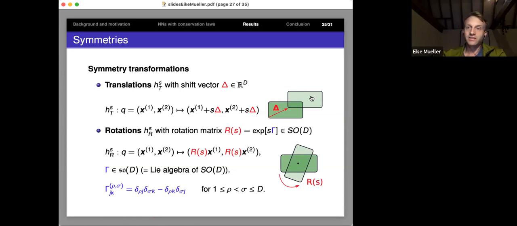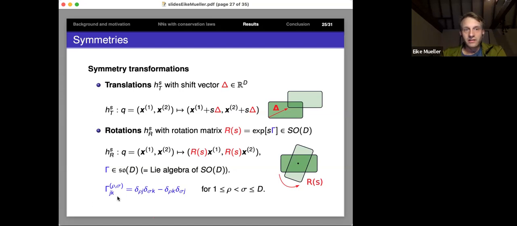I can also rotate the system, and that doesn't change the physics either. So I have invariance under the group SO(d). You can write down the Lie algebra and the fundamental representation for this, and that gives you these matrices here. The symmetry structure is a bit richer than for the simplified problem, sorry, for the motion in the Schwarzschild potential that I looked at before, where I only had this three-dimensional rotational symmetry.